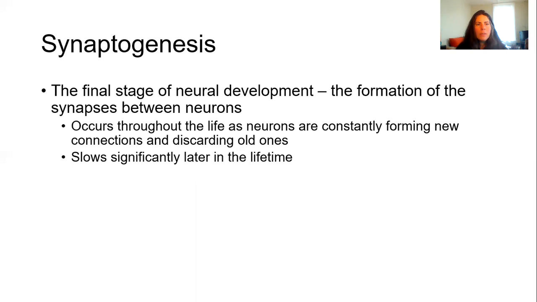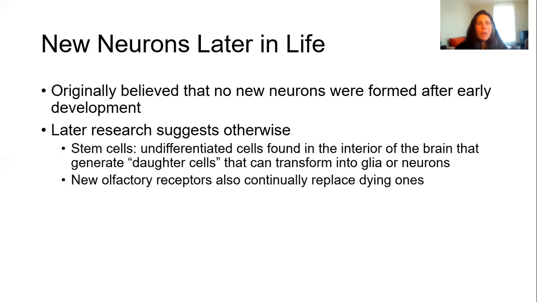The process of synaptogenesis does slow significantly later in the lifetime. Now, when we are first developing, the nervous system makes many more neurons and connections than are needed and than are going to be kept.